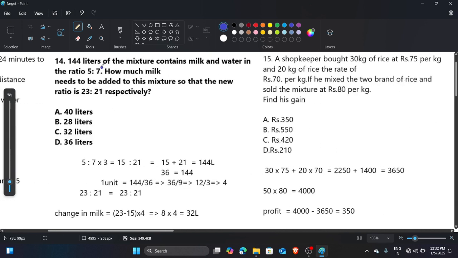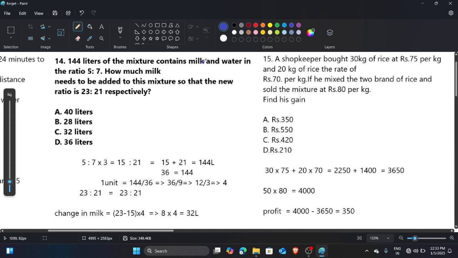Okay, no problem. 14: 144 liters of mixture containing milk and water in a ratio 5:7. How much milk needs to be added to this mixture so that the new ratio is 13:21 respectively? Okay, now if you try to see in this question, try to observe one thing, that only milk concentration is changing.